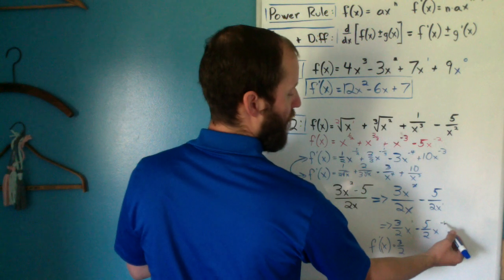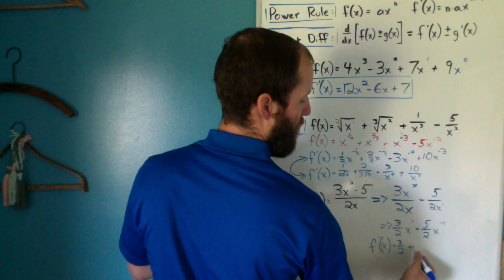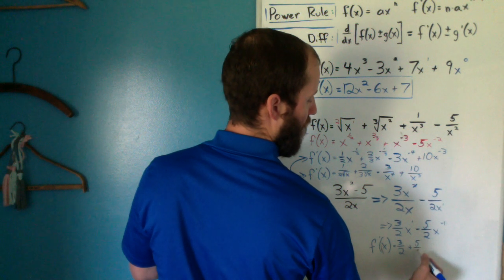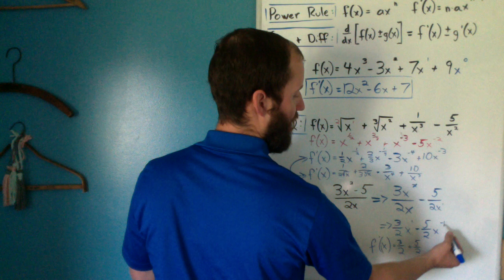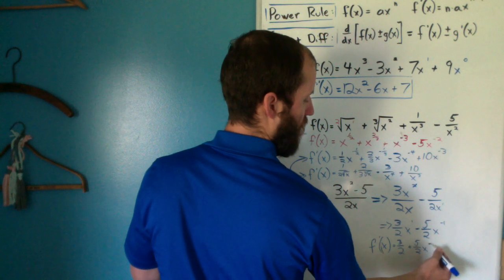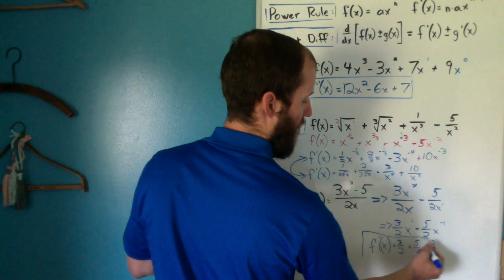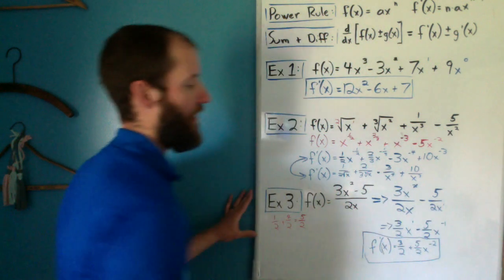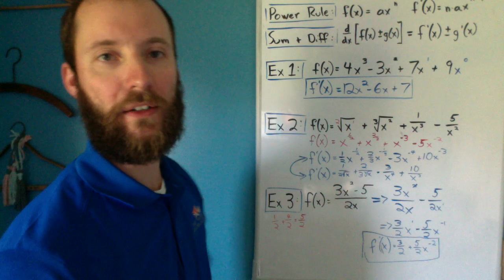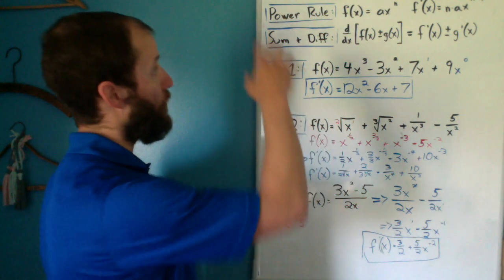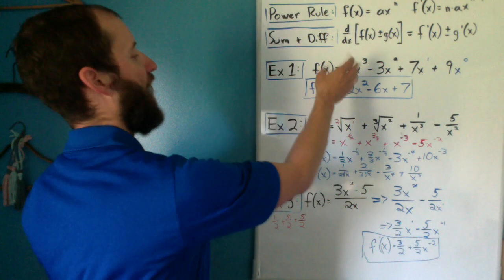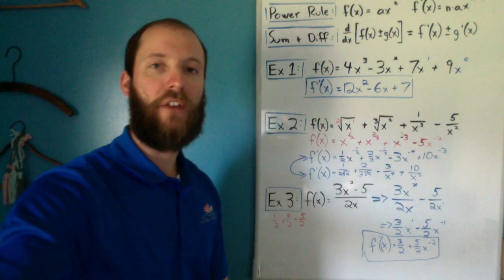And then this negative 1, let's multiply that down, becomes a positive 5 over 2. Decrease the exponent by 1, giving you x to the negative 2. And if you want, you could take that x to the negative 2, move it back down to the denominator. All right, so there we go. Power rule, sum and difference rule, a bunch of different examples of how that can play out.